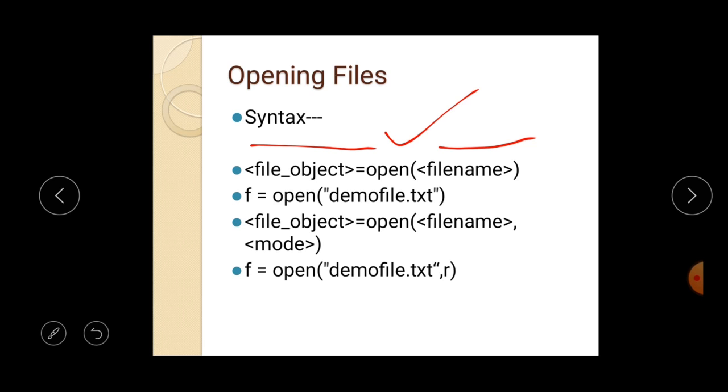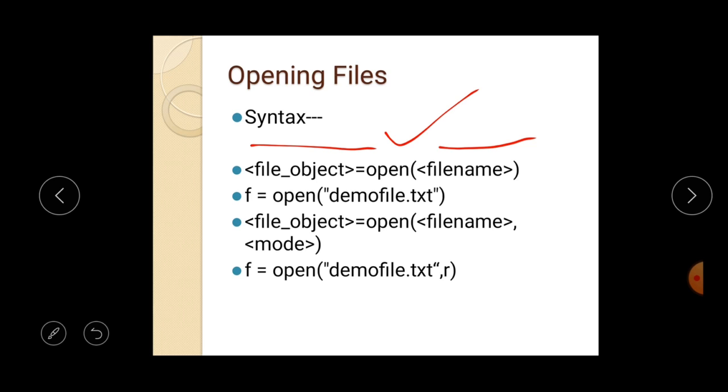Here file object is written. File object is a type of identifier that will store the address of the file that will open. Or simply you can say, if you open a file, a location is created in the memory and that particular location will be addressed with the help of this file object.